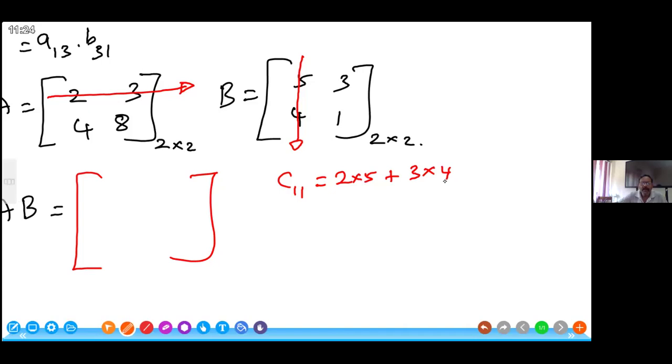What is that? 10 plus 12 is 22. Am I right? Right. What is C12?